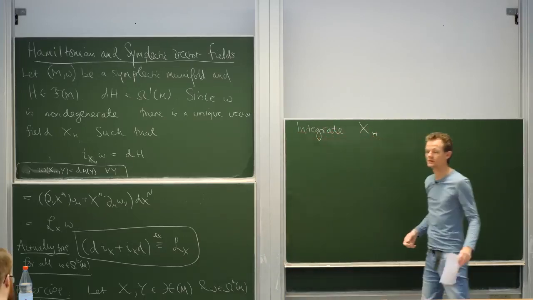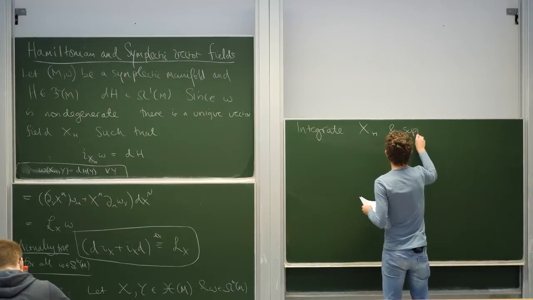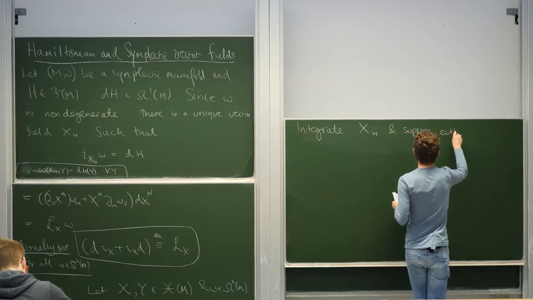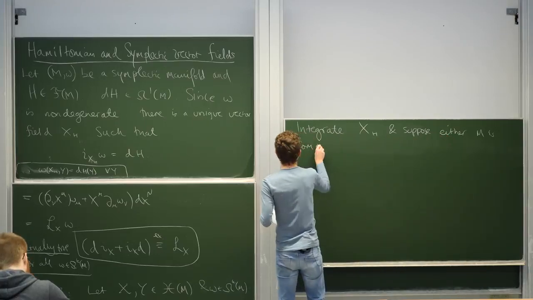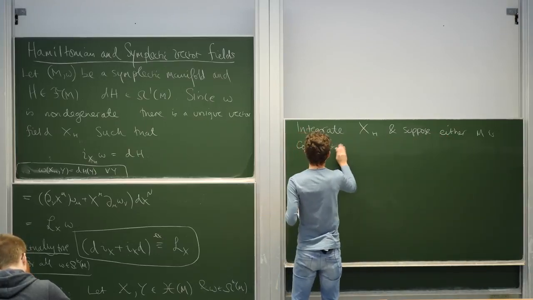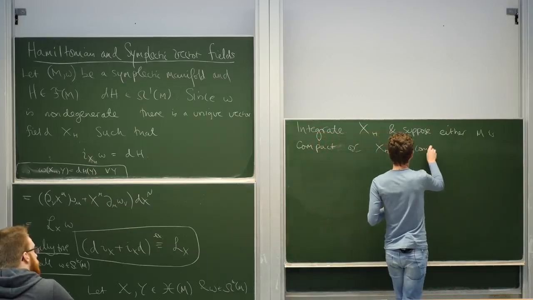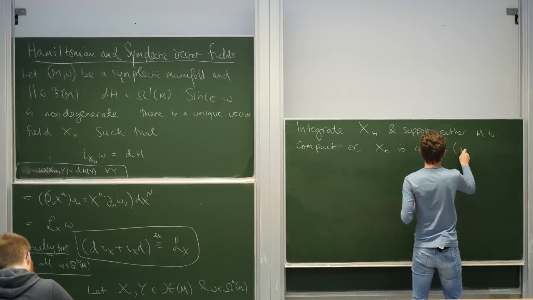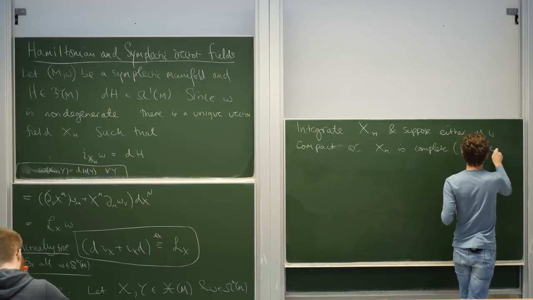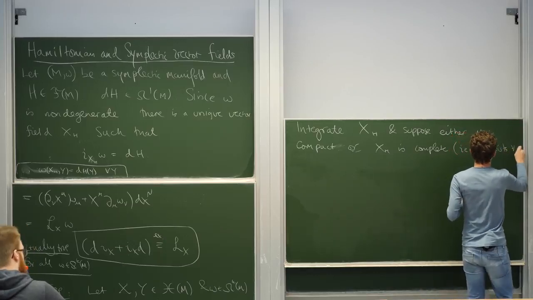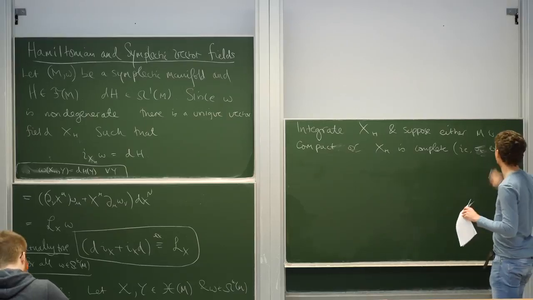So integrate that vector field X of h, and suppose either M is compact or X_h is complete, i.e., that's just like saying, in the non-compact case, let's suppose the flow exists for all time.